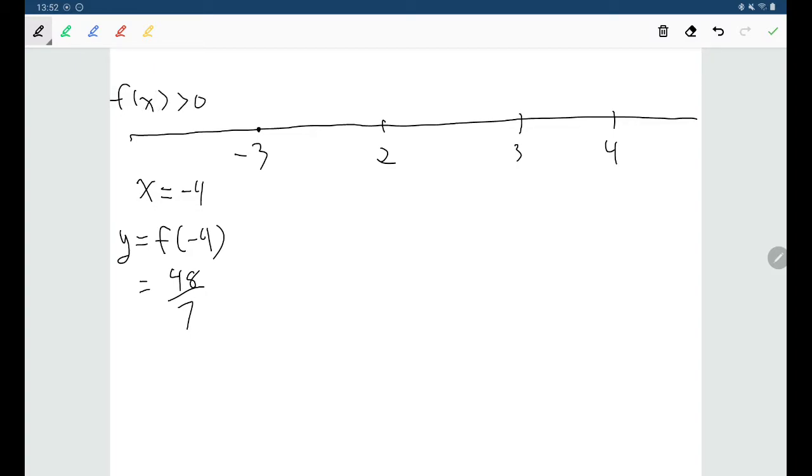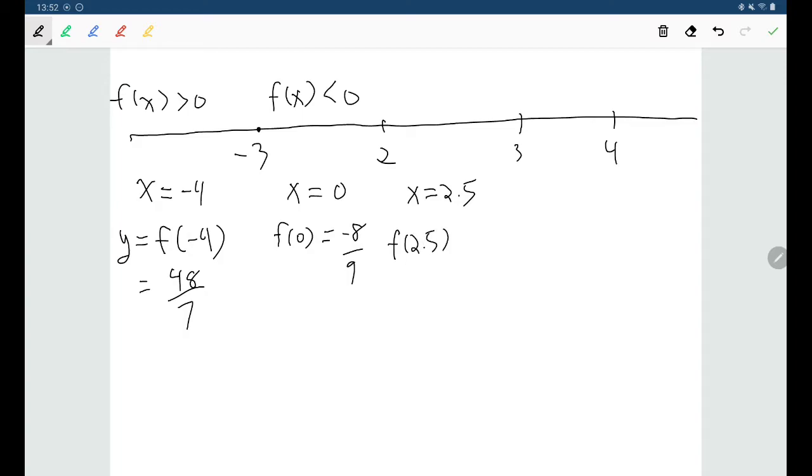And then we can do the same thing with all the remaining regions. Between -3 and 2, I picked a test value of 0, and I found that f of 0 was -8/9. So f of x is negative in that region. You could do the same thing between 2 and 3. I pick 2.5.